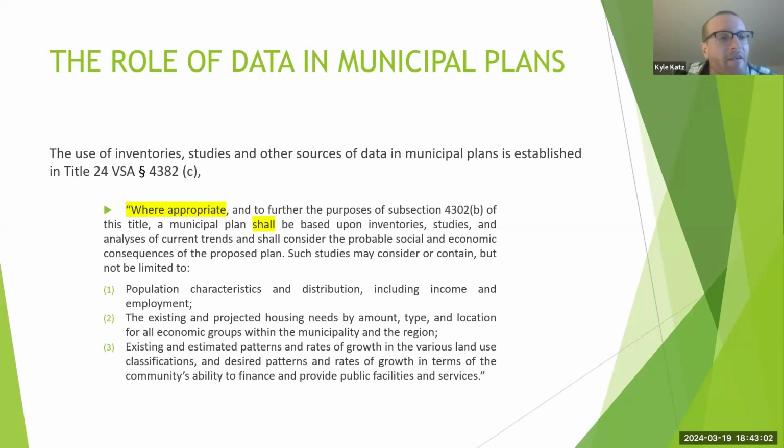Such studies may consider or contain, but not be limited to, population characteristics and distribution, including income and employment, the existing and projected housing needs by amount, type, and location for all economic groups within the municipality and the region, and existing and estimated patterns and rates of growth in the various land use classifications and desired patterns and rates of growth in terms of the community's ability to finance and provide public facilities and services.